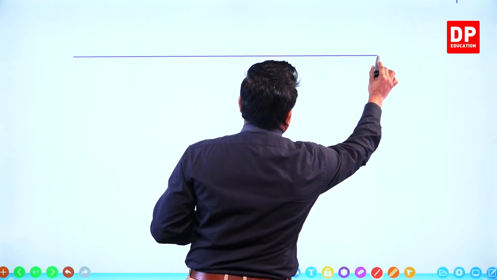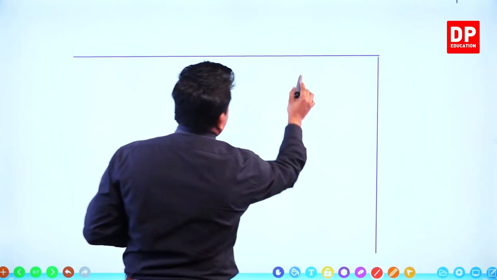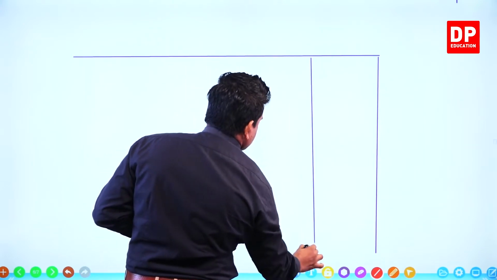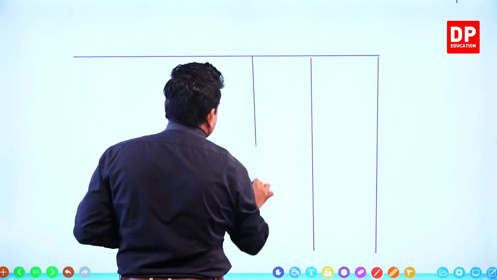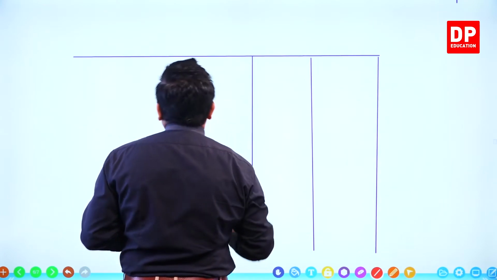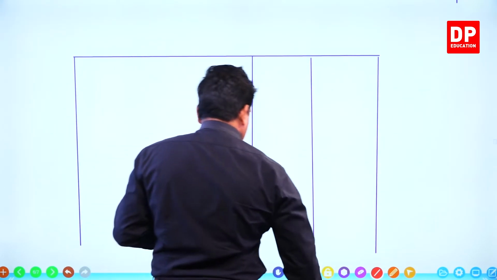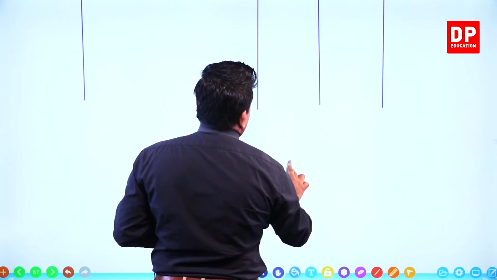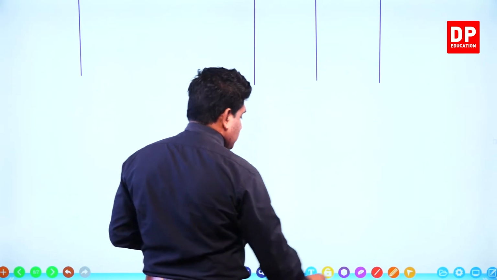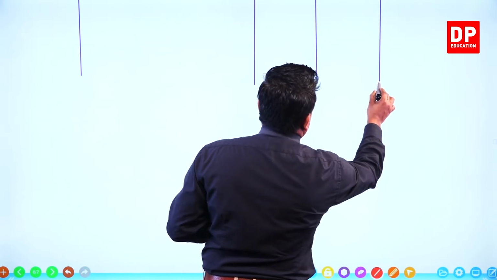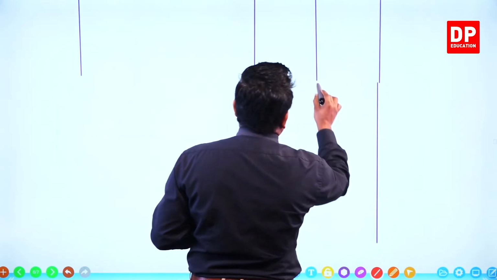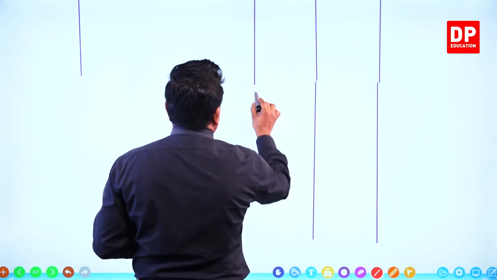I choose the same color. But this is a very special question. Why? They required both the receipts and payment account and income statement at once.